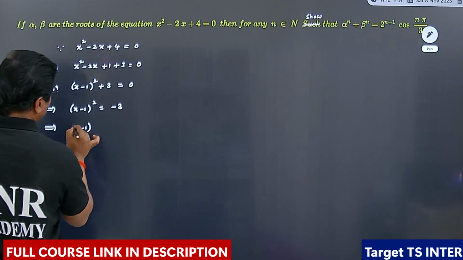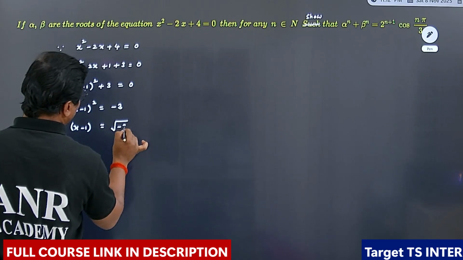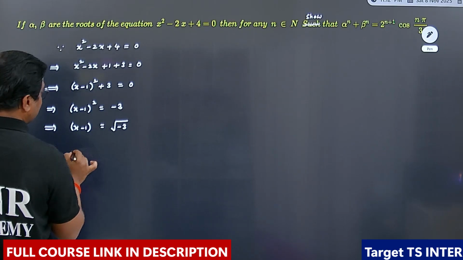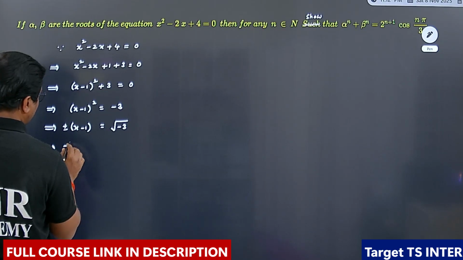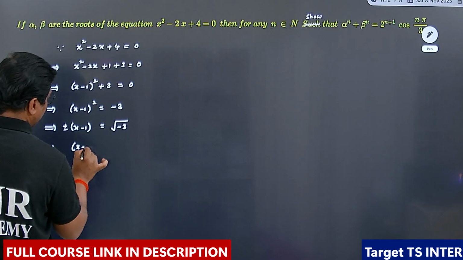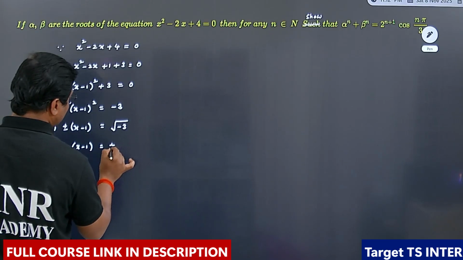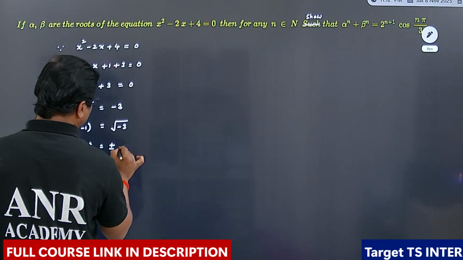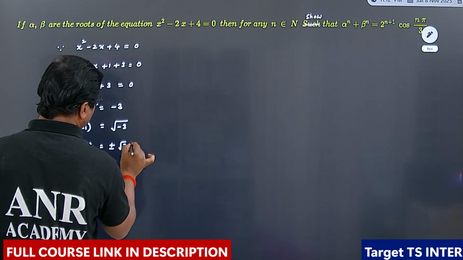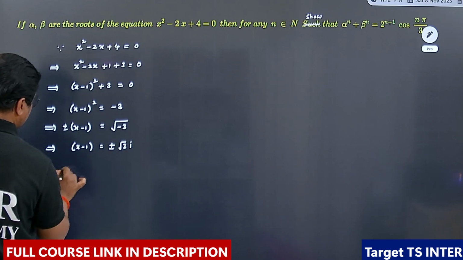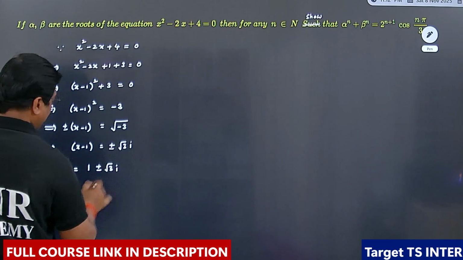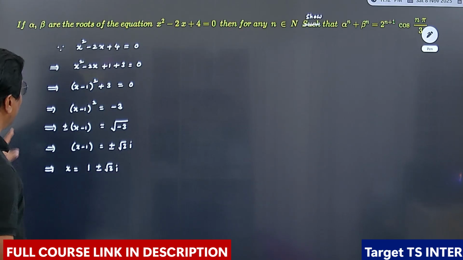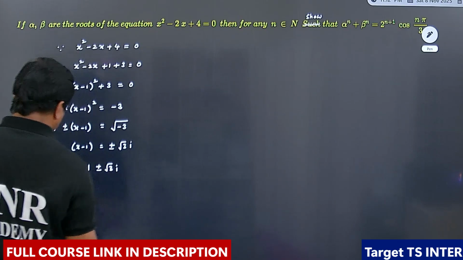Applying square root here, we get x minus 1 equal to plus or minus root over minus 3, that is root 3, root over minus 1 is i. Implies the value of x equal to 1 plus or minus root 3 i, and here one root is alpha and the other root is beta.